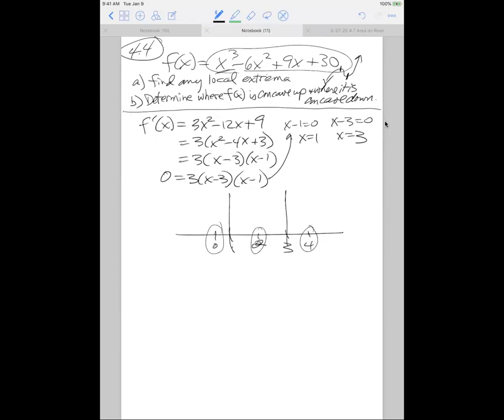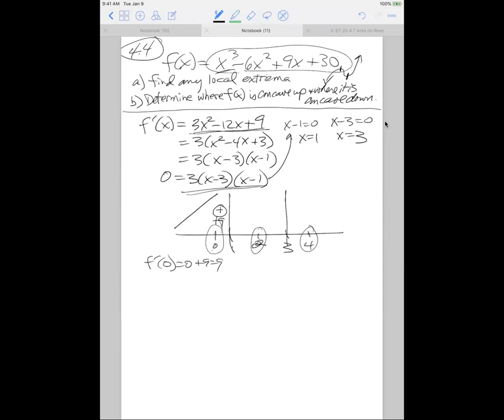We plug in the 0 into the derivative function. If you notice, you've got a factored form here, but that means if you plug 0 in there, you've got to do 2 multiplications. If you plug it into the original form, you plug in 0 and get f prime of 0 equals 0 plus 9 equals 9. So we get plus 9, which means it's positive here, which means it's going in that direction.